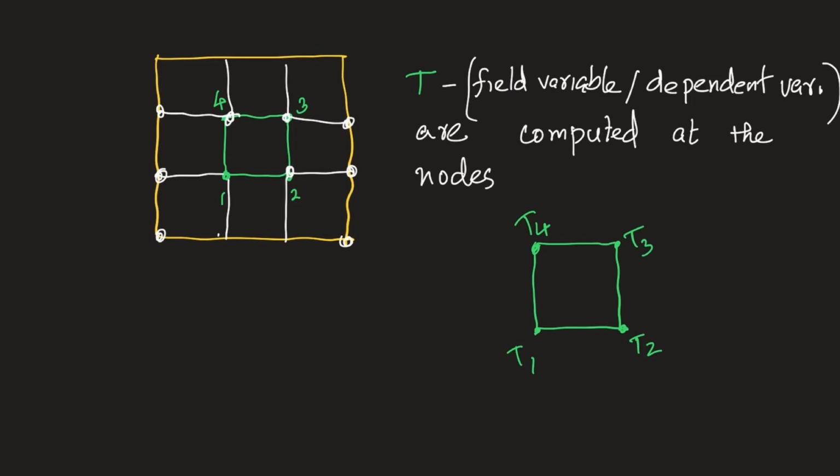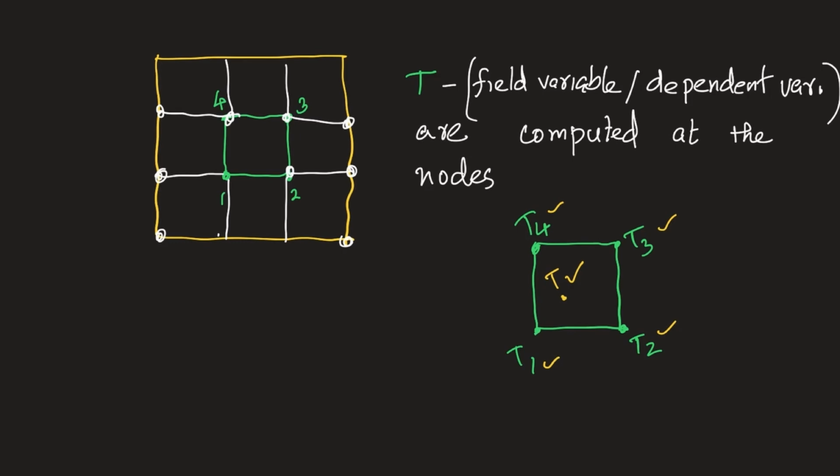Now, how do we find the temperature inside an element? Say this point, T. We use the values of T1, T2, T3 and T4 to calculate the value of the temperature at an inside point in the element.